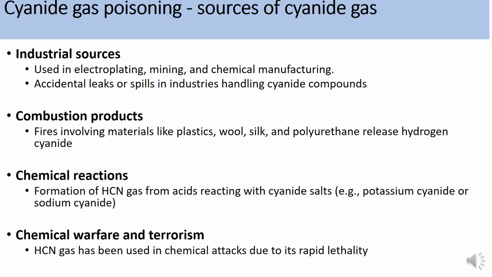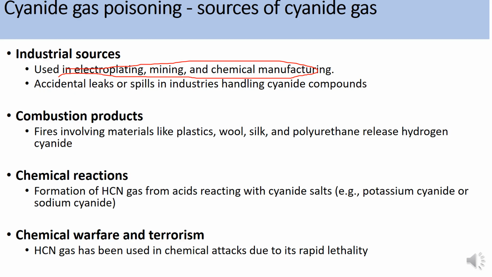So what are the sources? Industrial sources, so very important to know. It is used in electroplating, mining and chemical manufacturing. As a result, whenever a person comes with sudden collapse, as doctors, you have to think about the possibility of cyanide poisoning.